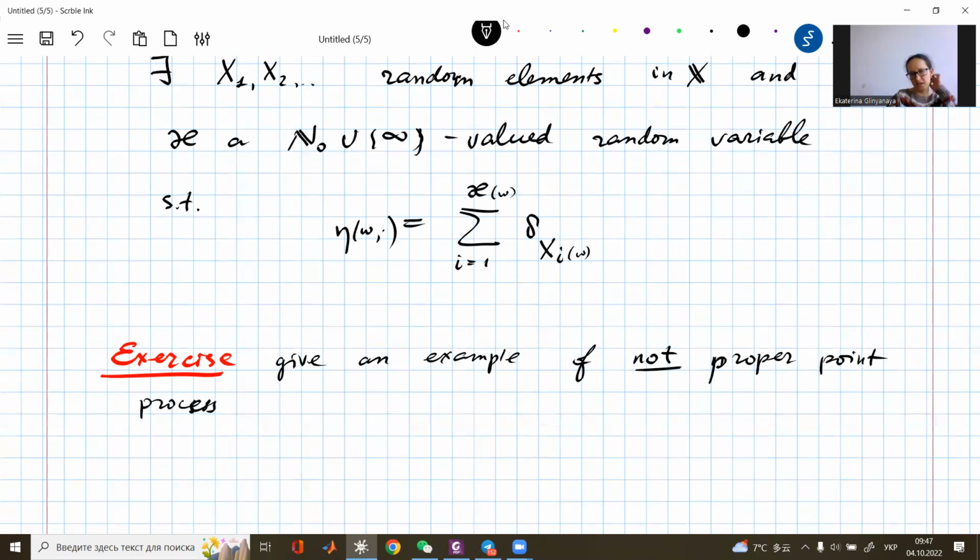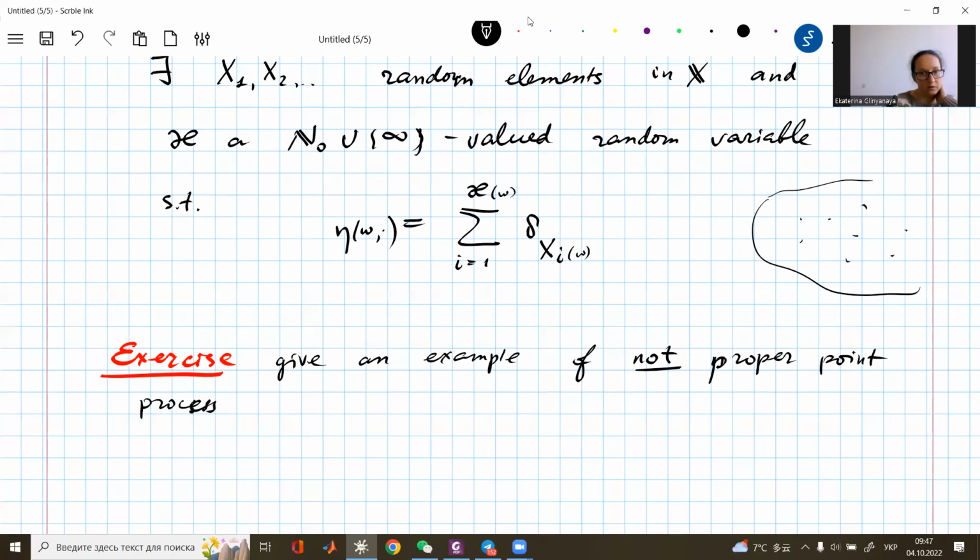This means that we cannot consider it just as points in a space, because this representation is how we understand a point process, as a set of random points in the space. But it turns out that there are some cases when we cannot give such a representation. Okay, but this is a rather big class of processes.